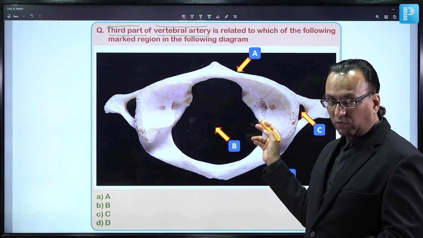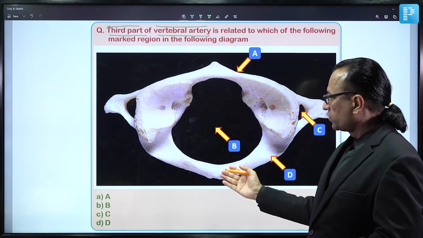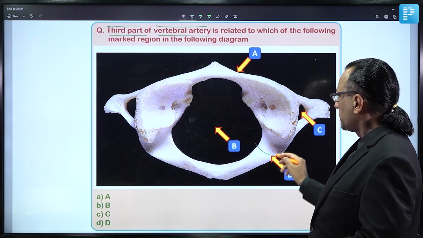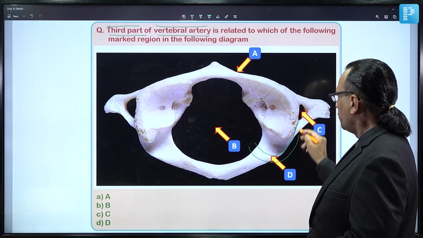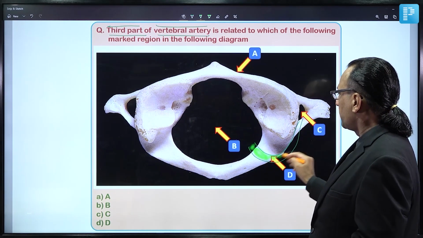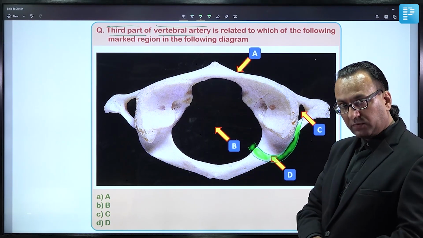Let me mark the course. This is the anterior arch of the atlas vertebra. This is the posterior arch, and on the posterior arch, we find the vertebral artery making a groove. So this is the location where you will find the vertebral artery. Choice number D should be our answer.